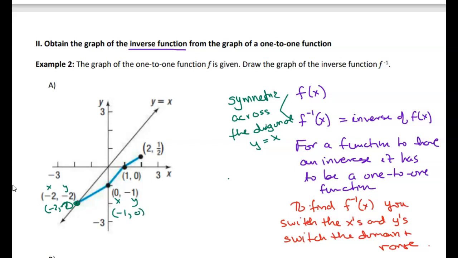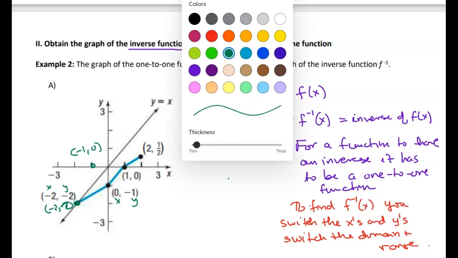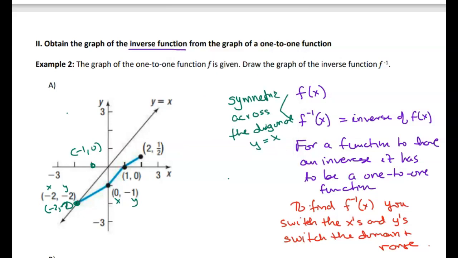So we need to graph this. (1, 0) is here. Okay, so we're constructing the inverse. Right? (1, 0), you switch them over, you get (0, 1), which is here. (2, 1/2), you switch them, and you get (1/2, 2), and that's going to be here.